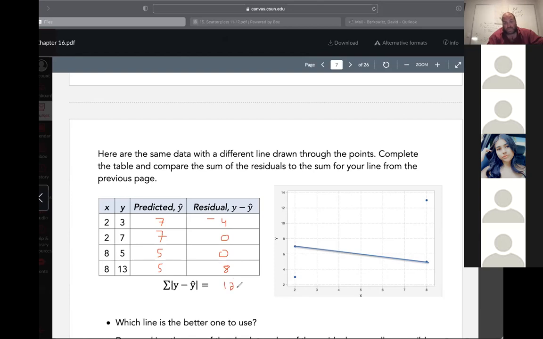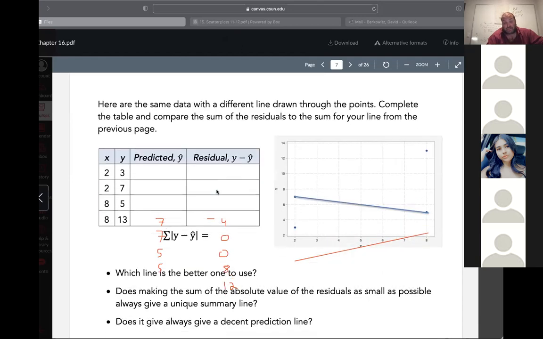We get the same number, 12. But I think it's clear, I hope it's clear, that this one here is a better fit of the data than the blue one, but yet we got the same value for both.